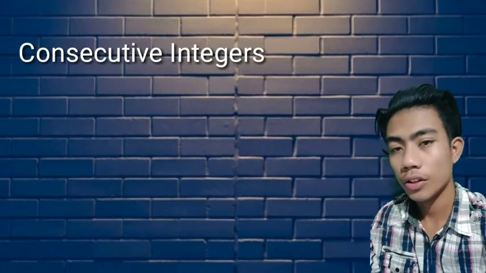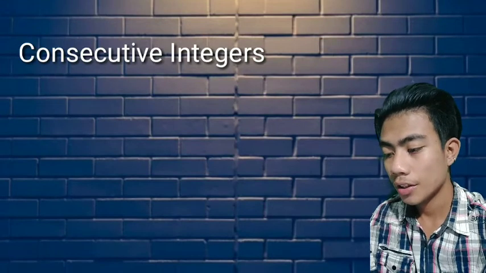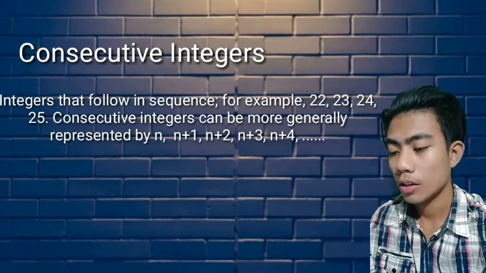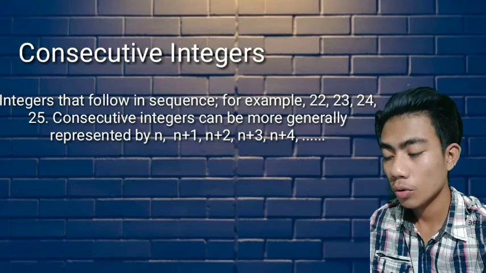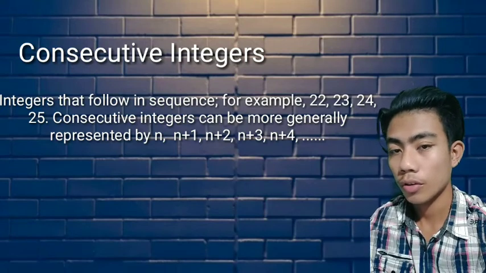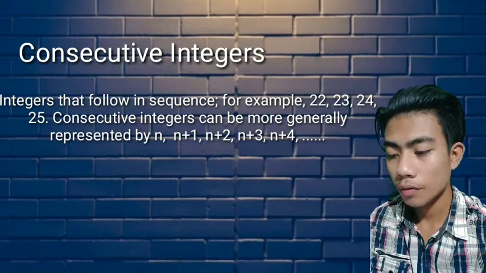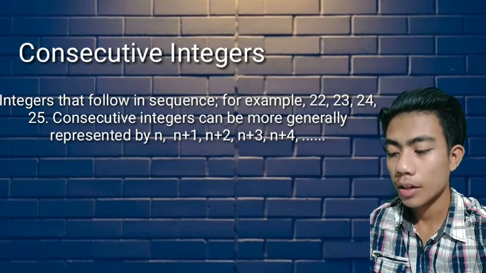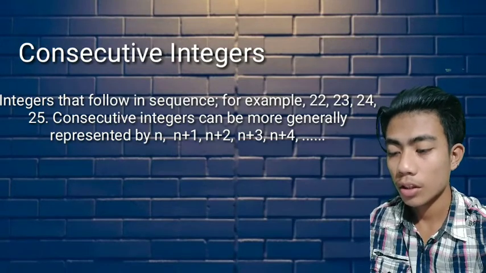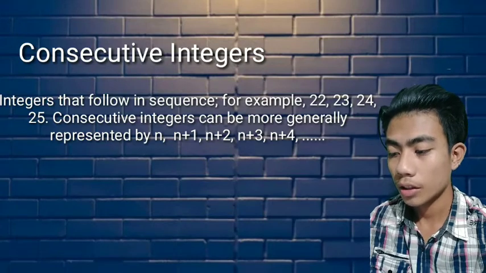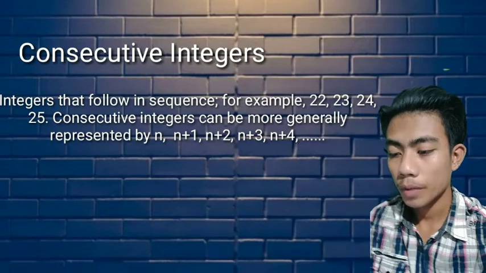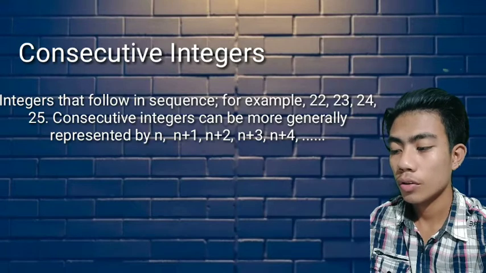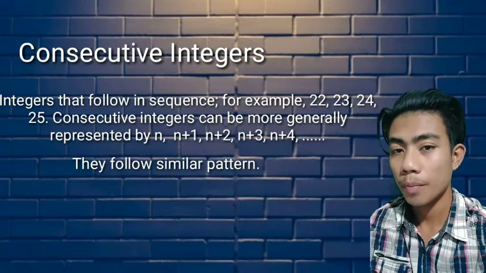Next are the consecutive integers, integers that follow in sequence, for example 22, 23, 24, 25. Consecutive integers can be more generally represented by n, n plus 1, n plus 2, n plus 3, n plus 4, and so on. They follow a similar pattern.